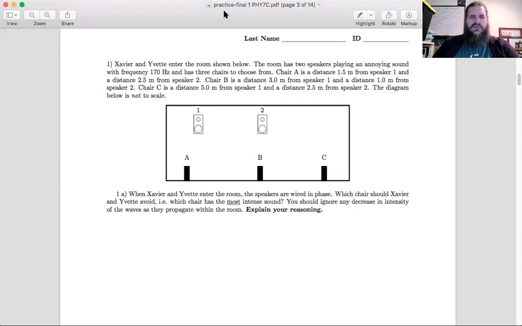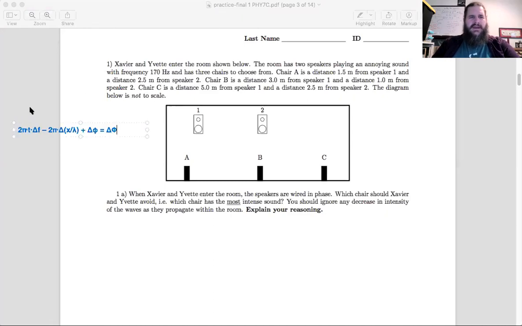We can start with the usual formula for total phase difference. The idea that we have the time term, the distance term, the phase shift term, all adding up to the difference in total phase, capital Phi. And let's fill in some of the values right now.